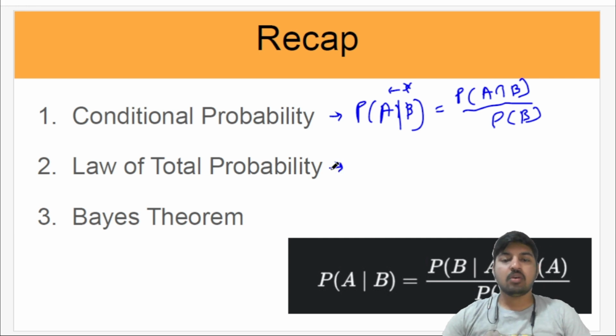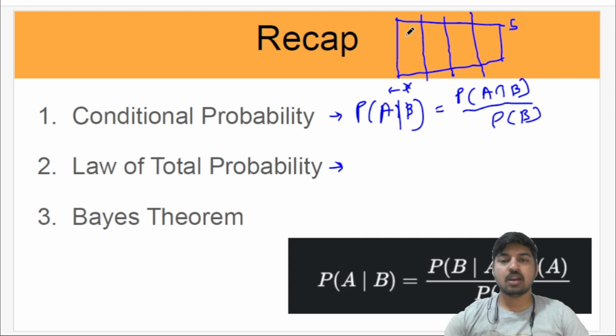Based on that rule of conditional probability, we derived the law of total probability. What is the law of total probability? It is about the scenario where some events have partitioned our sample space. This can be our events E1, E2, E3, and E4. It need not be limited to four: you can have 10 events, or only 2 events, at least 2 for the law of total probability.